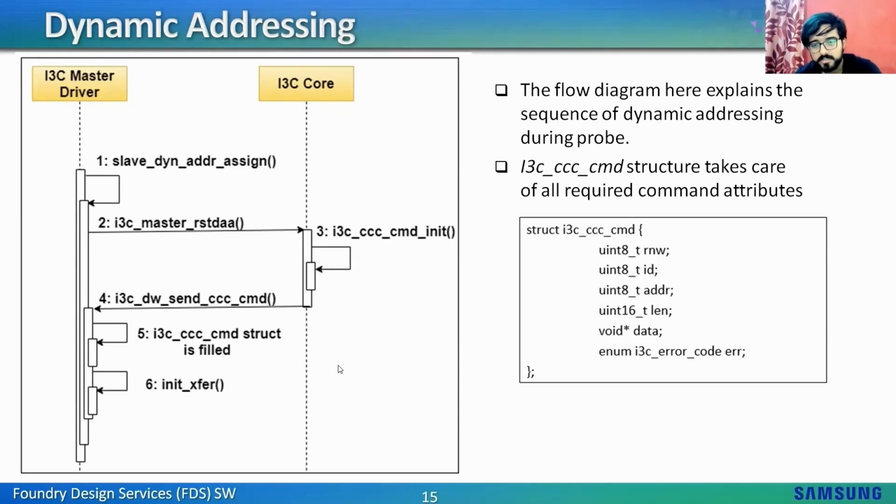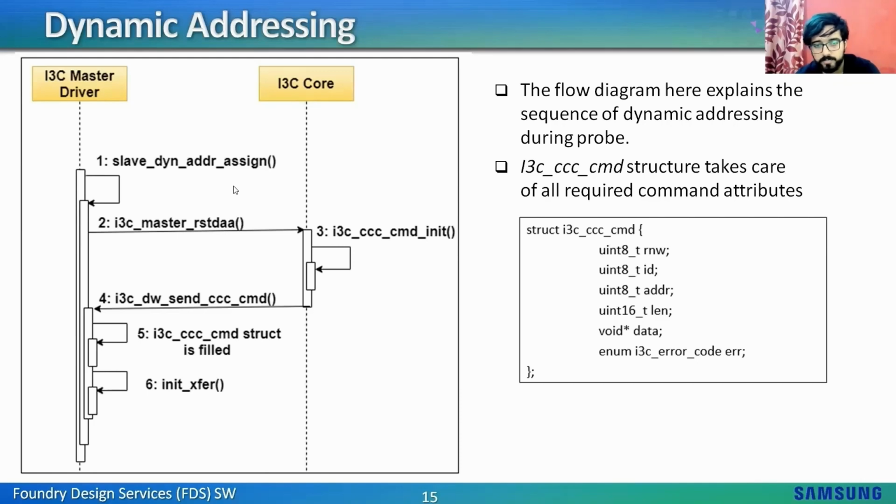The command code, when sent, gets a response from all the slave devices present. This includes a count of slave devices present along with the kind of devices present on the bus and what abilities they hold.